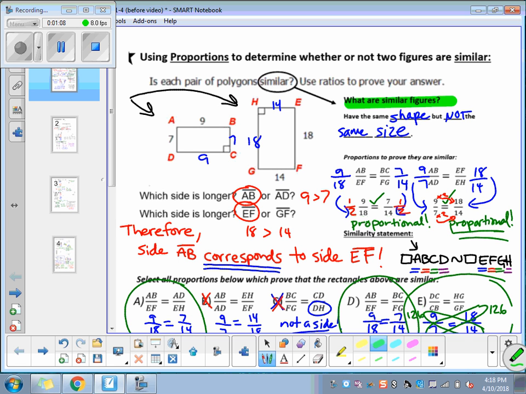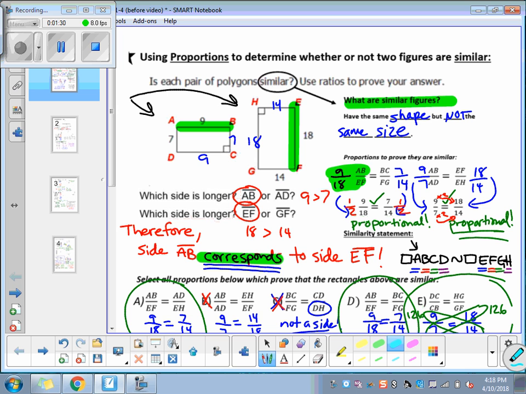Now I'm just going to highlight real quick that we're matching up side 9 with side 18. That's what's going on over here. Side 9 does match up with side 18. A fancy word for that is corresponds. Side AB corresponds to side EF.